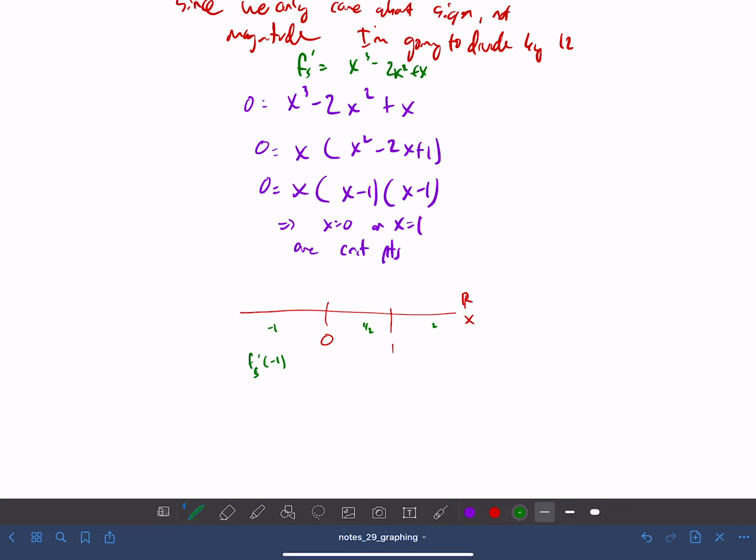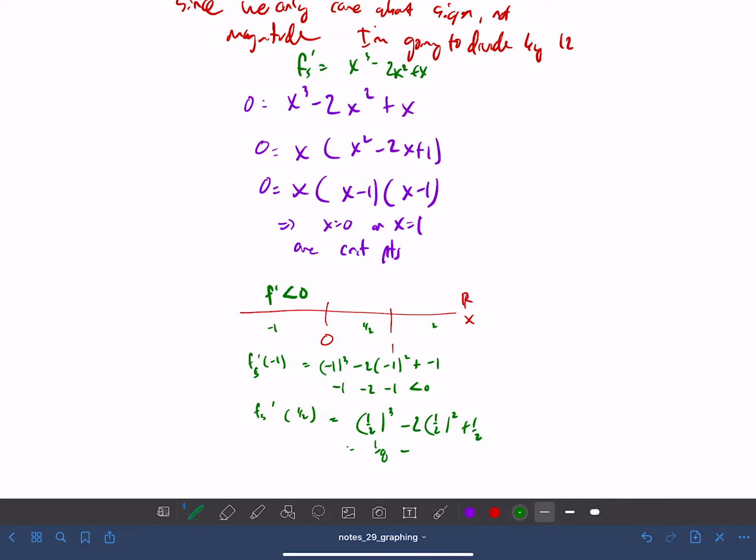So f prime at -1 is equal to -1 cubed minus 2 times -1 squared plus -1. That's -1 minus 2 minus 1, which is less than 0. F prime is negative. F sub s prime at a half is a half cubed minus 2 times a half squared plus a half.